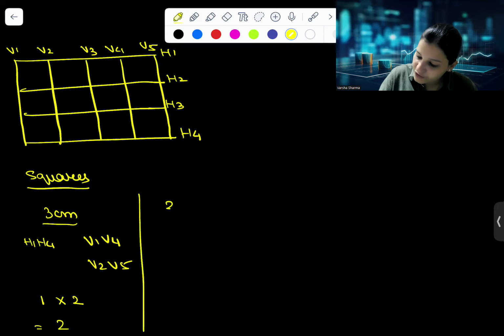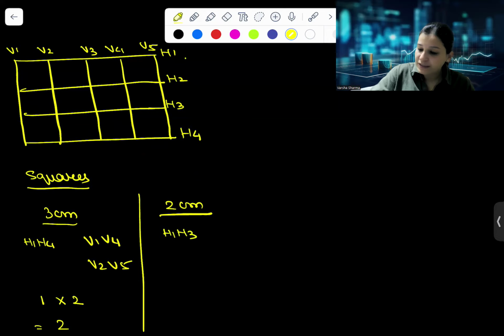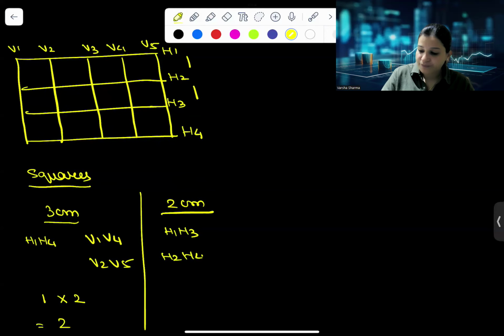Now length 2 centimeter. If I want my square to be of length 2 centimeter, I want horizontal lines which are 2 centimeter apart, and I also want vertical lines which are 2 centimeter apart. So horizontally, I have two possibilities, H1 and H3, or H2, H4.